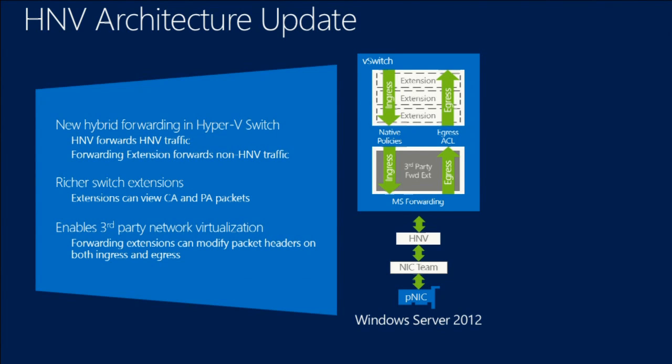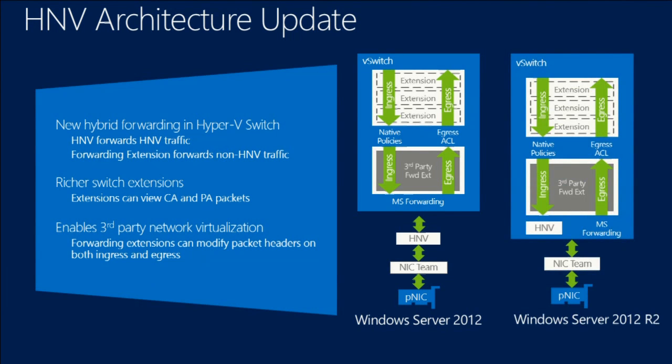Because when the VM sends an outbound packet, the third-party switch extension will see it, but the encapsulation happens here. And for the inbound traffic, HMV will do the decapsulation, remove the header before it sends to the Hyper-V switch. So if you have a switch extension here, it doesn't get to see the provider address. So that's a limitation.